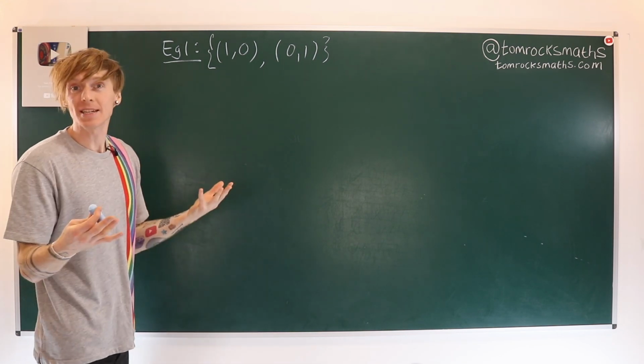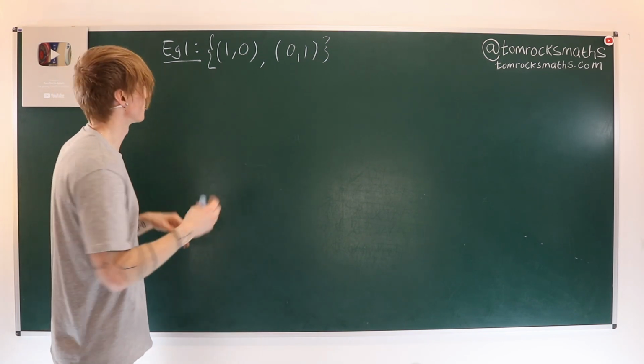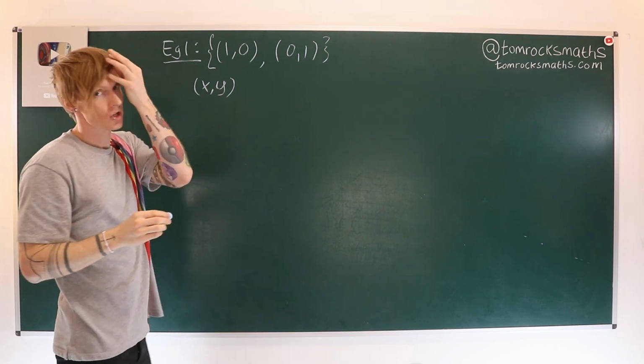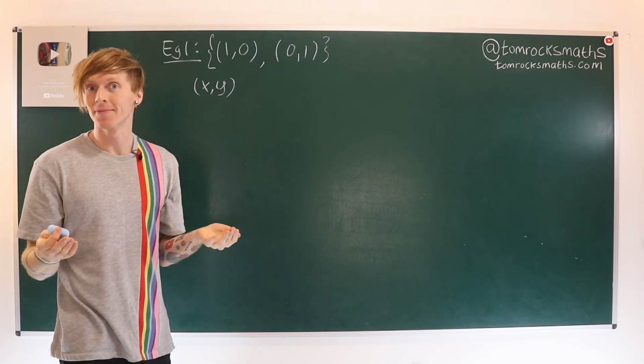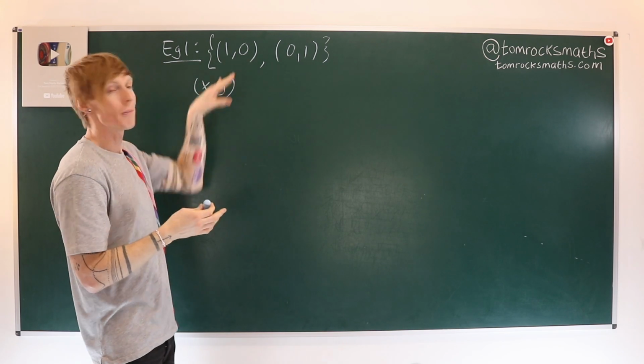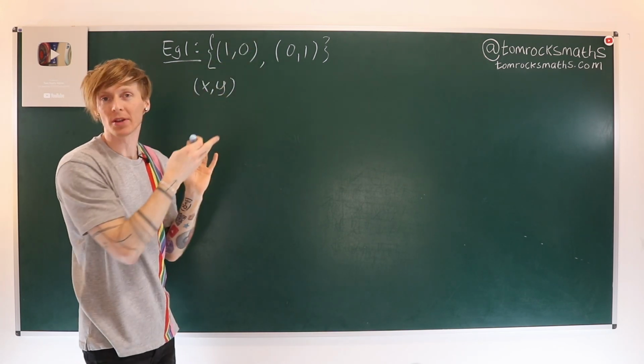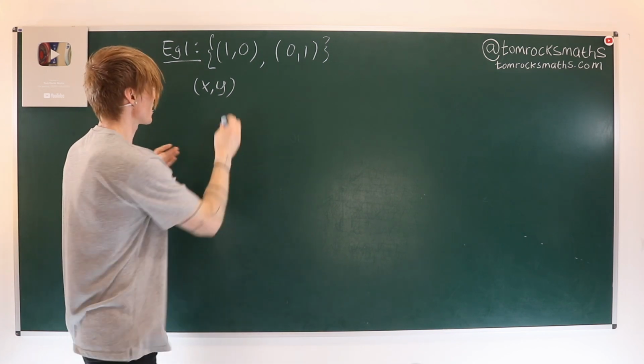The way to see that it's spanning, first of all, is to ask: if I have a general point (x, y), can I take a linear combination of my two basis vectors to get to any point (x, y)? It's quite straightforward.